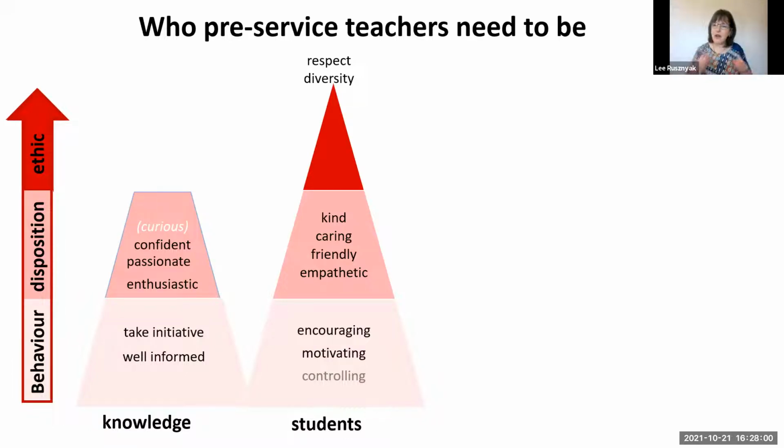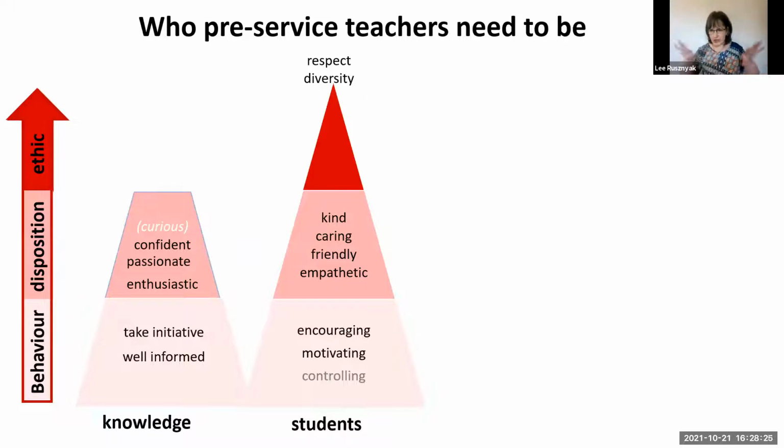And we see lots of times where the teacher needs to be encouraging and motivating and controlling. There were only a couple that said that they need to demand respect and be controlling.